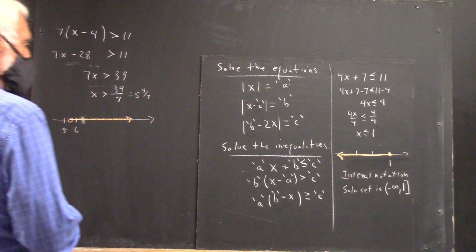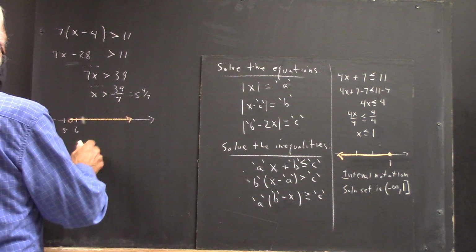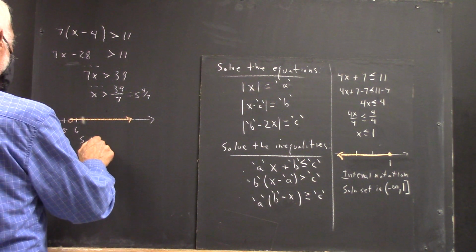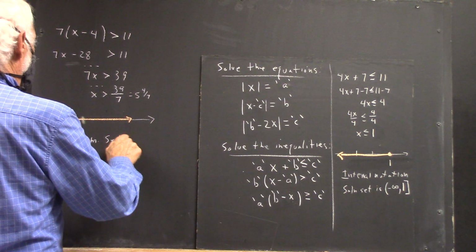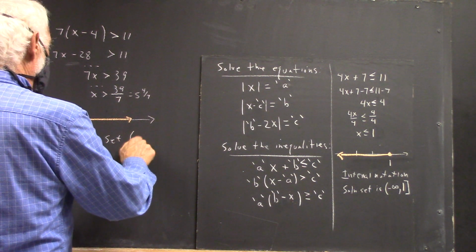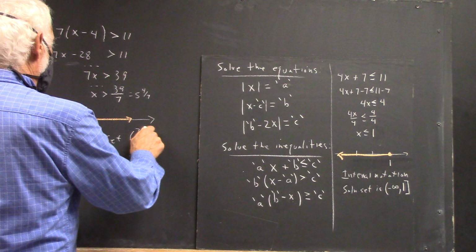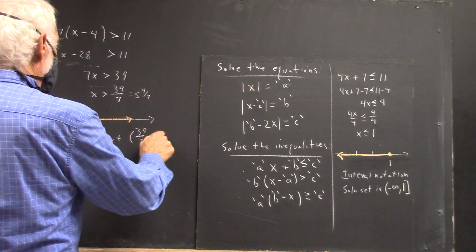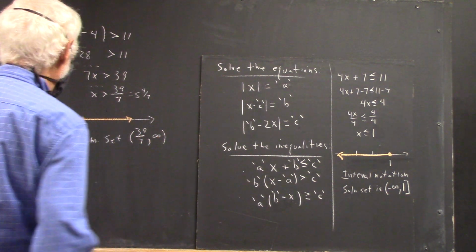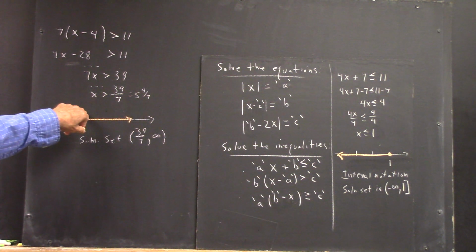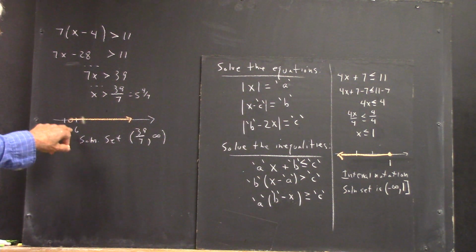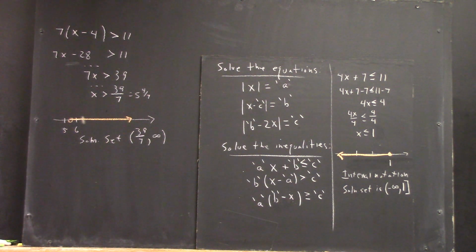And in interval notation, it's the open interval from 39/7 to infinity. Open dot for the greater than, because it's not greater than or equal. It can't be equal to 5 4/7.